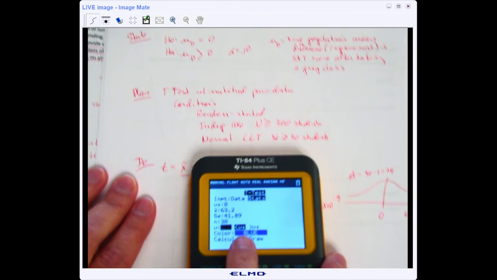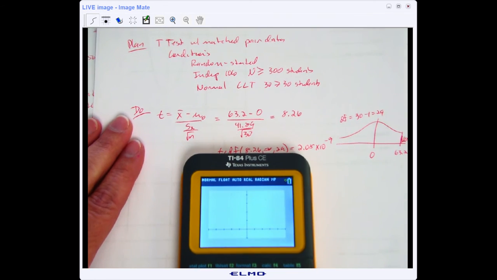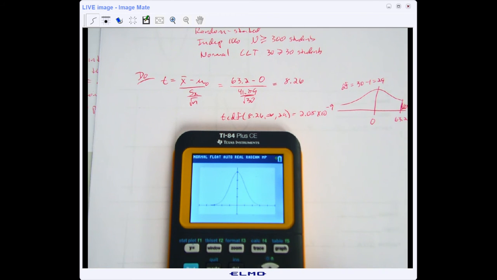The symbol of my Ha is greater than. This one I will draw. This is a plain old t-test. I get my test statistic was 8.26, and my p-value is 0.